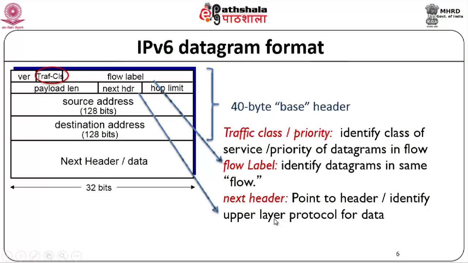That information will be specified here. Whereas you would have had a protocol field in IPv4, that is merged with this next header field. So, there is a kind of optimization by using this next header field for 2 purposes. And then there is a hop limit, which is similar to our TTL, and then of course you have the source address and the destination address. So, this is the IPv6 basic datagram format.